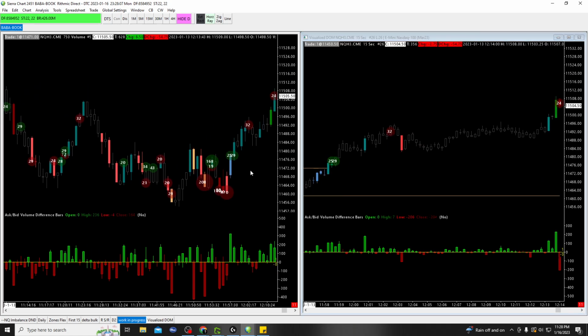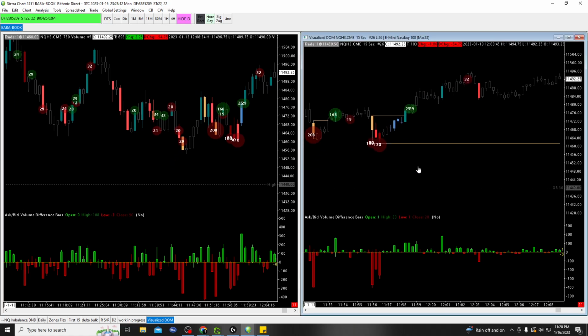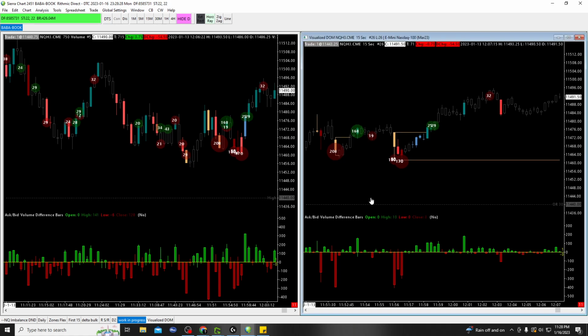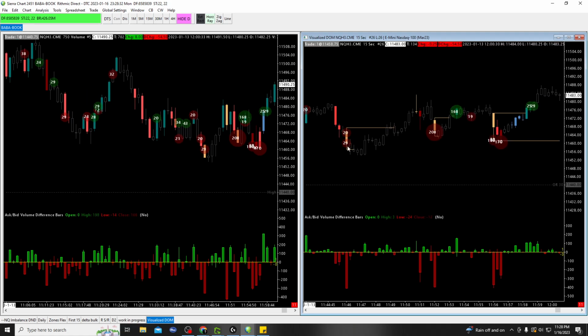And when we began to see this activity come in on the Delta without continuing to make lower lows, that's a big red flag for being in a short position. When sellers come in that strong, we want to see follow through pretty quick. We want to see them get what they're trying to get, right? We want to see that follow through to new lows.